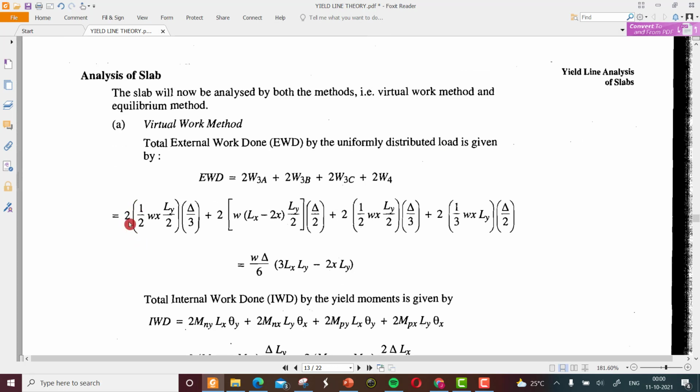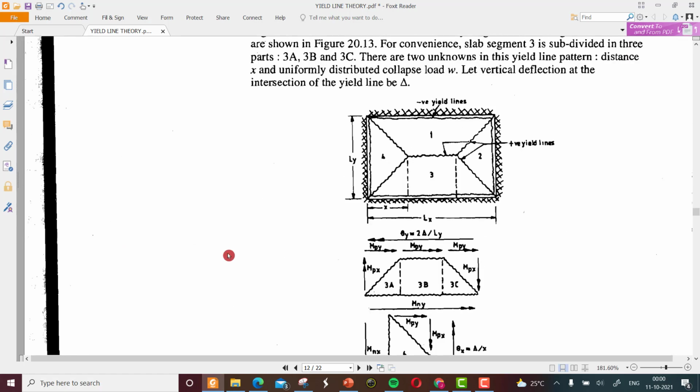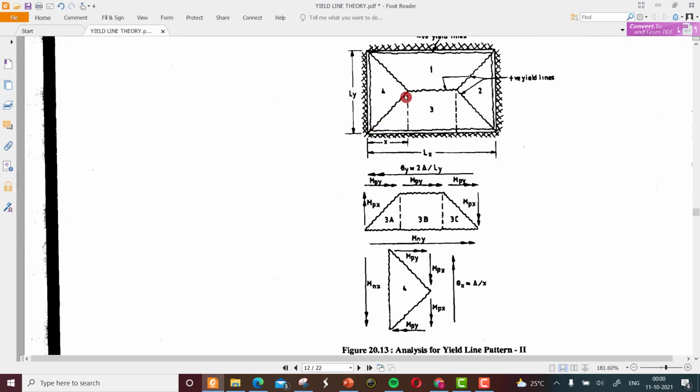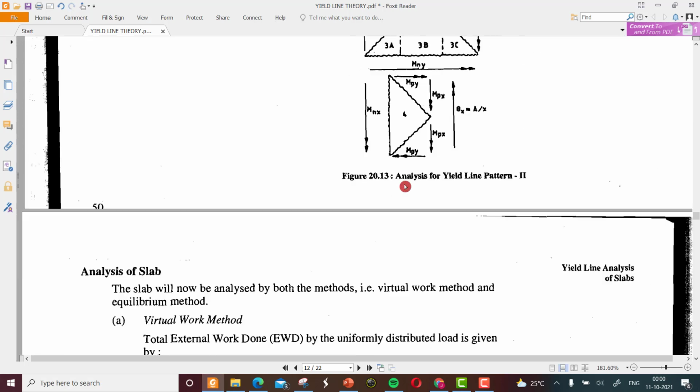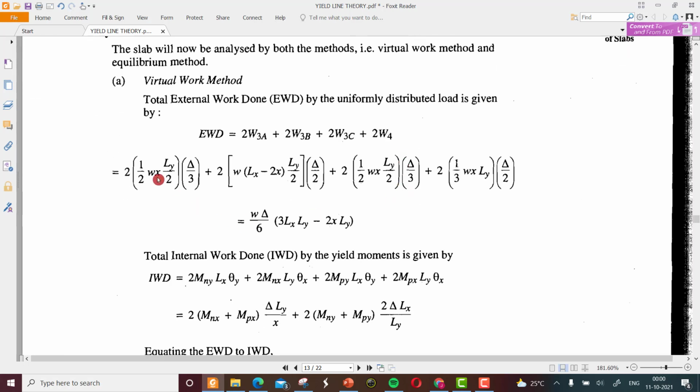And so 2 into work done is equal to half into Wx into Ly by 2. This is the area of this segment: half into W into x is the base, and Ly by 2 is the altitude, which gives the first part.